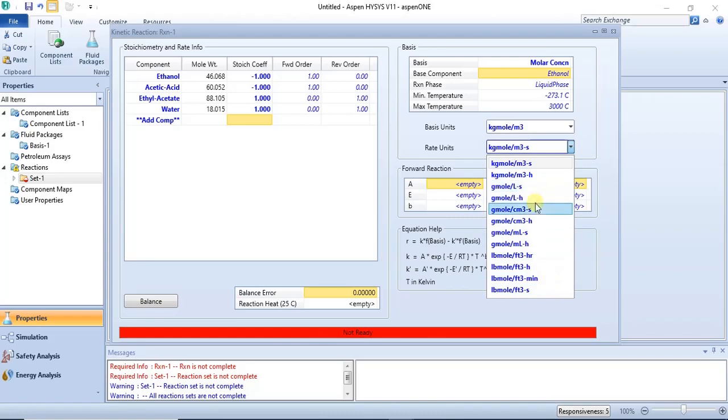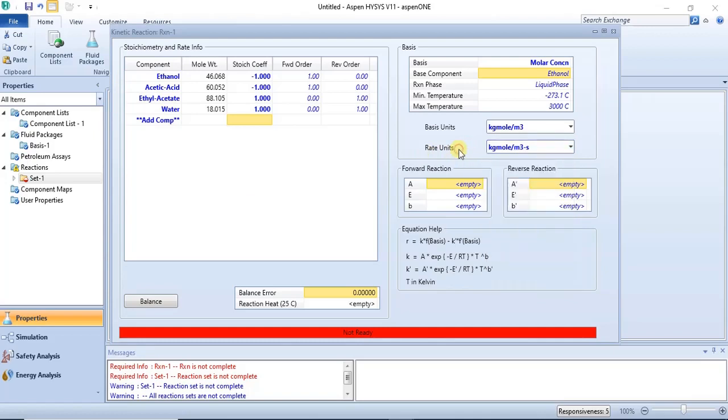So you have liter, centimeter cube, milliliter, feet cube. So basically you see that all these units are associated with volume, right? So that is why I said in Hysys you specify kinetics that are related to reactor volume, right?